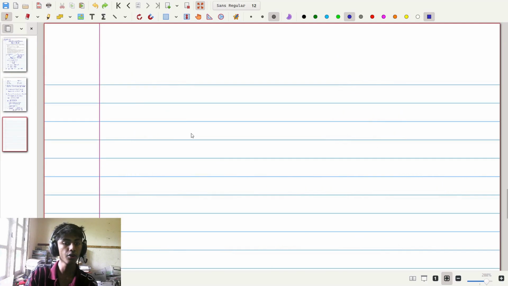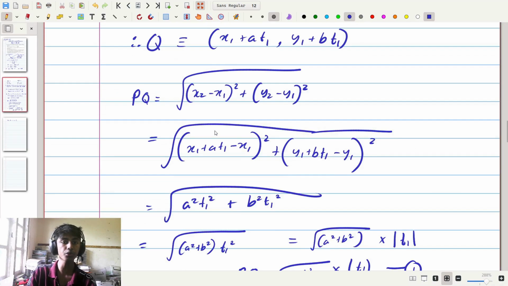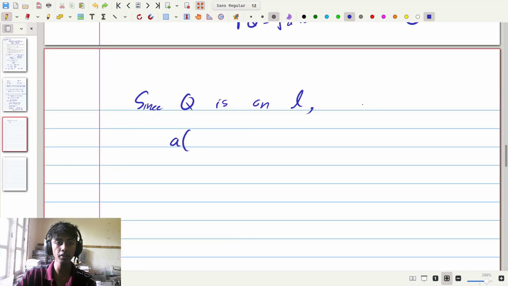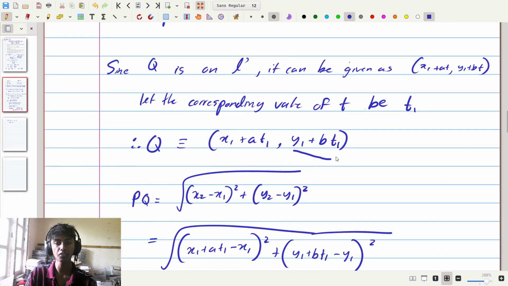So going down, we can say since Q is on the line L, we must have A times X, which is X2, which in this case can be written as X1 plus AT1, plus B times Y, which in this case is Y2, which is going to be Y1 plus BT1.